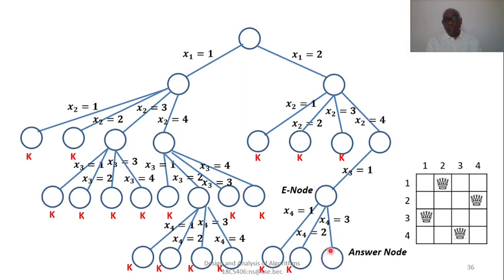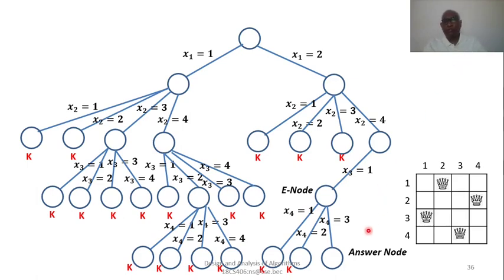This E node, because it is at level 5, which is equal to n plus 1 for the 4-queen problem, automatically becomes the answer node. And this is where we claim that we found a solution. And the solution is represented by the 4 tuple 2, 4, 1, 3.